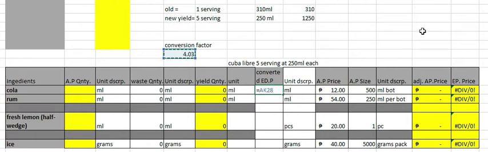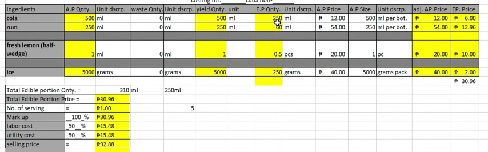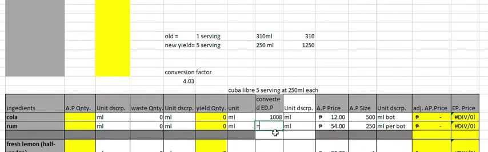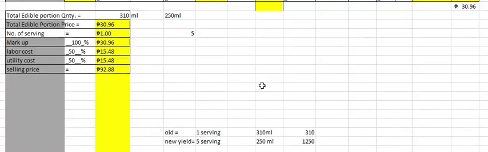Your conversion factor, 4.03, just simply multiply with your previous old yield, which is this one, 250 for cola, and then the same process, multiply with your old yield for rum.